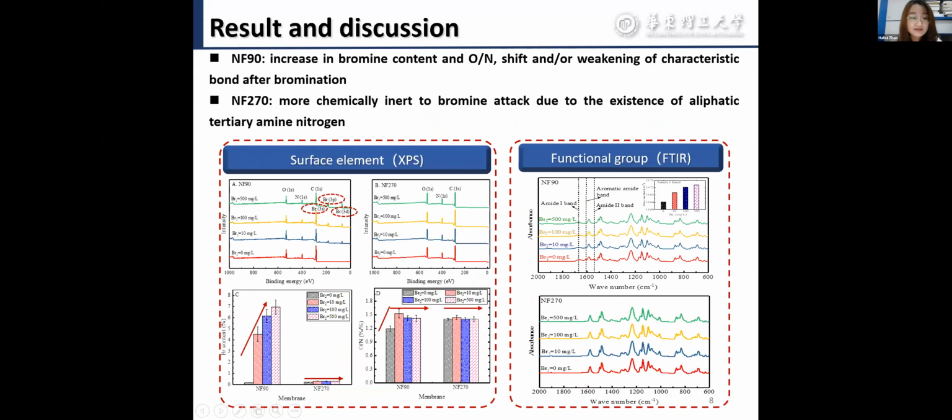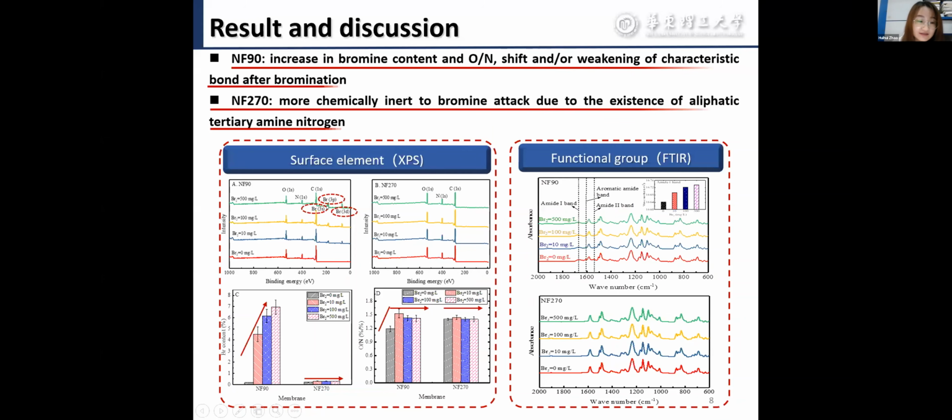From the XPS spectrum, bromine peaks were revealed at 3 binding energies for brominated NF90 membranes, while such peaks were not obviously observed for the virgin one. The bromine content increased dramatically from 0.2% to 44.5% for NF90 exposed to 10 ppm bromine. A further increase in bromine concentration up to 500 ppm only resulted in a bromine content of 7%.